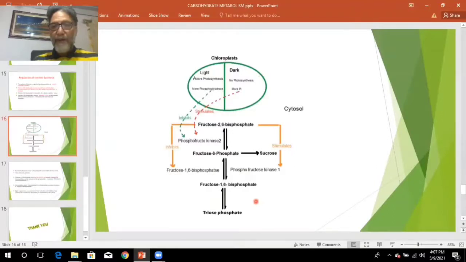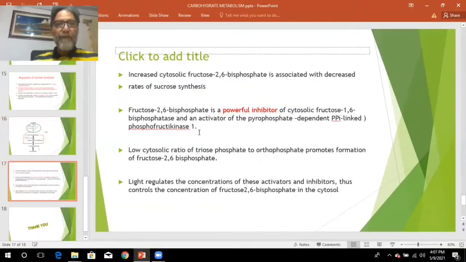That means we have seen that increased cytosolic fructose 2,6-bisphosphate is associated with decreased rates of photosynthesis.